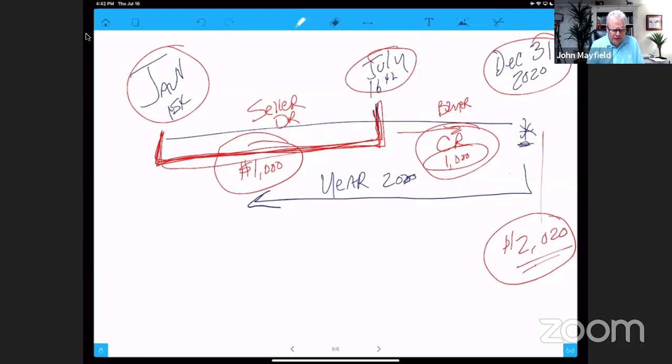Generally, I could go back and work that, but if taxes were $2,020 for the year, we would just divide that by 12. So it's $168.33 a month. Divide it by 30 is $5.61 a day.